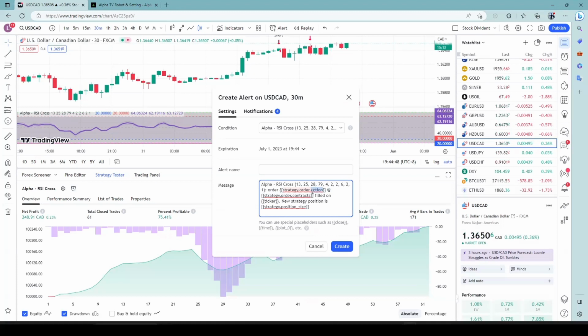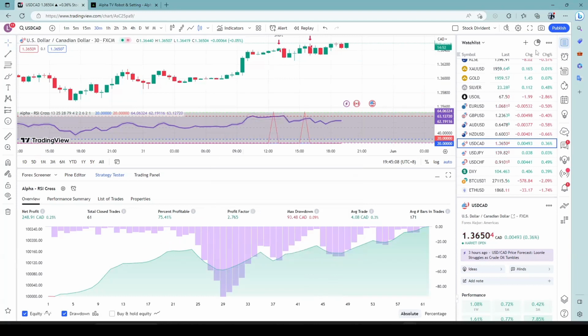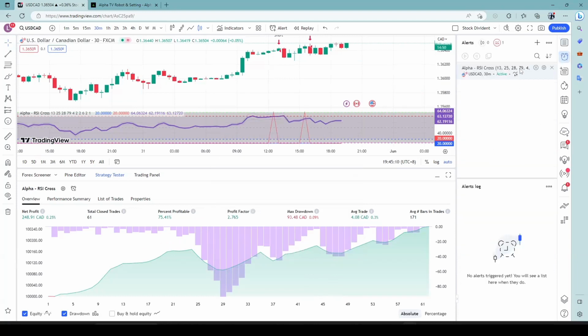Later we will calculate how to measure, based on your $2,000, how much lot size you should enter and what the best risk per trade to take will be. But for now, you just need to know that if a signal pops up, here it will show you that it is time to buy or time to sell. You click Create, and it will come to the alerts over here.